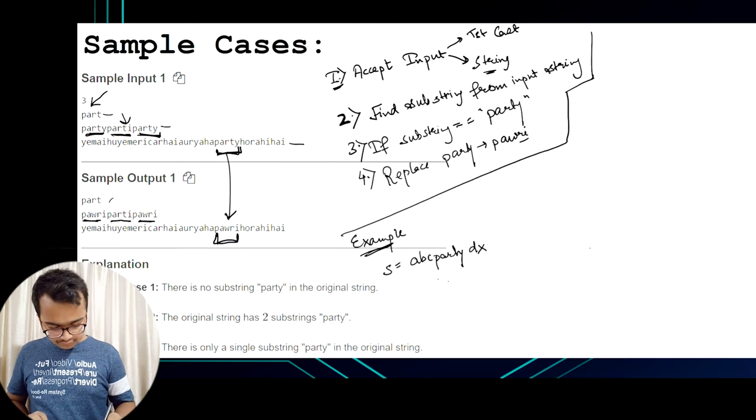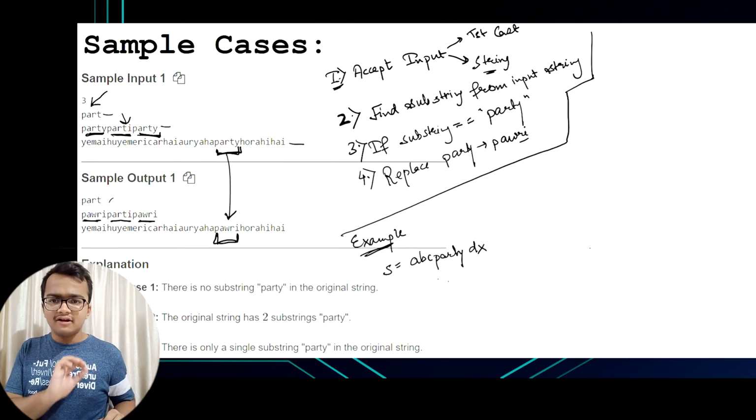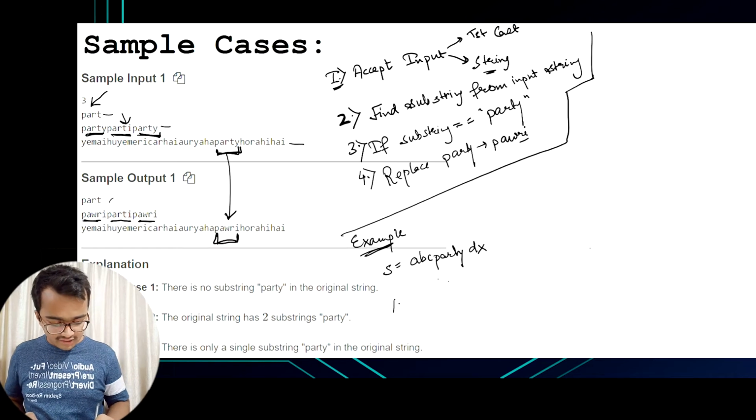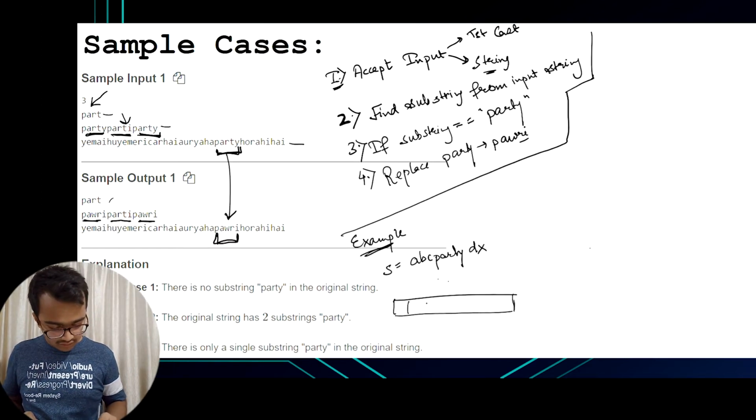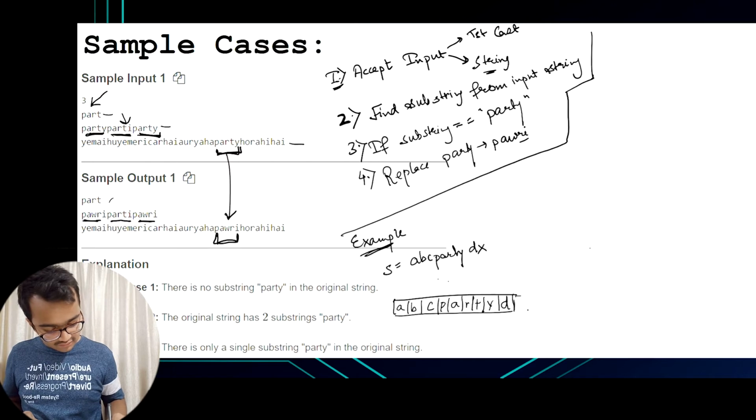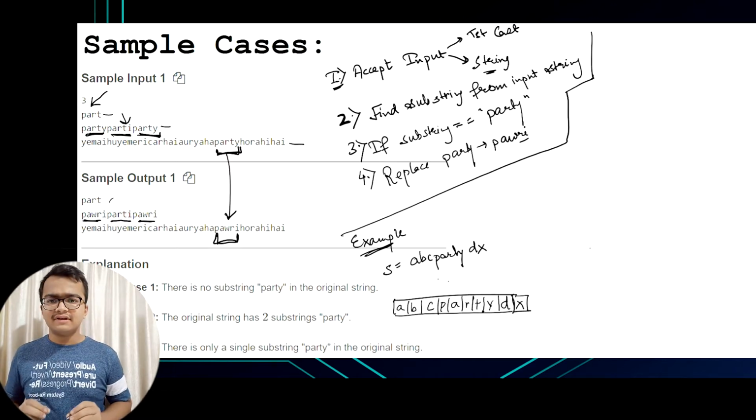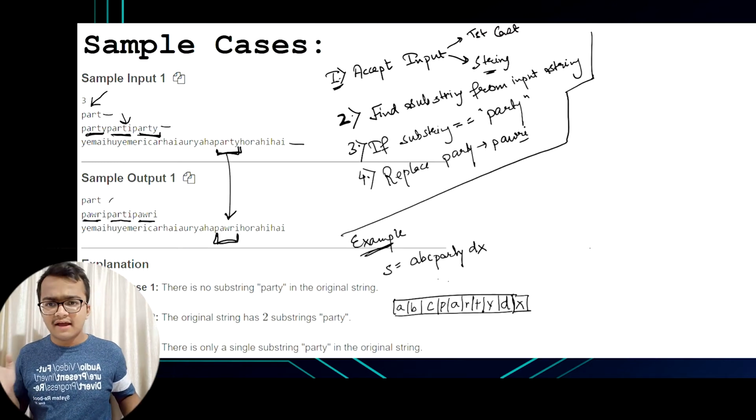So if we consider this as an array of characters, how will that array look like? The array will be like this: a b c p a r t y d, and the last one here x. We know the string is an array of characters, so it is looking like this.